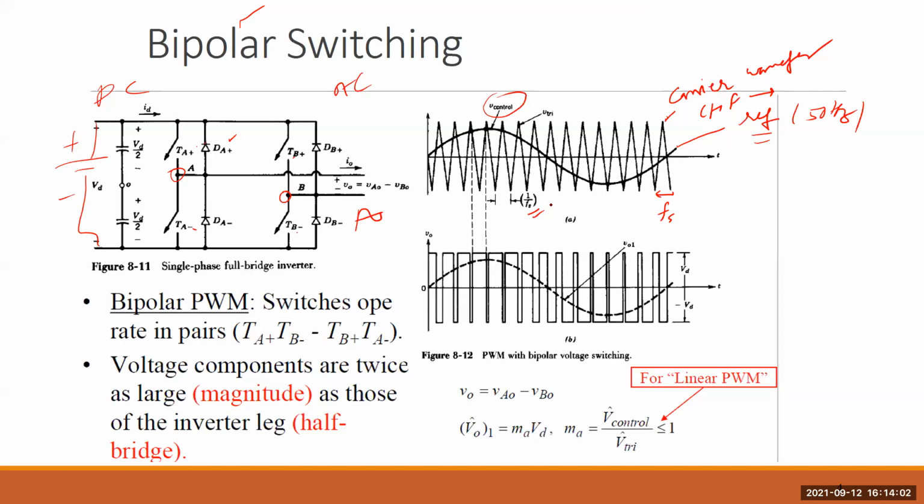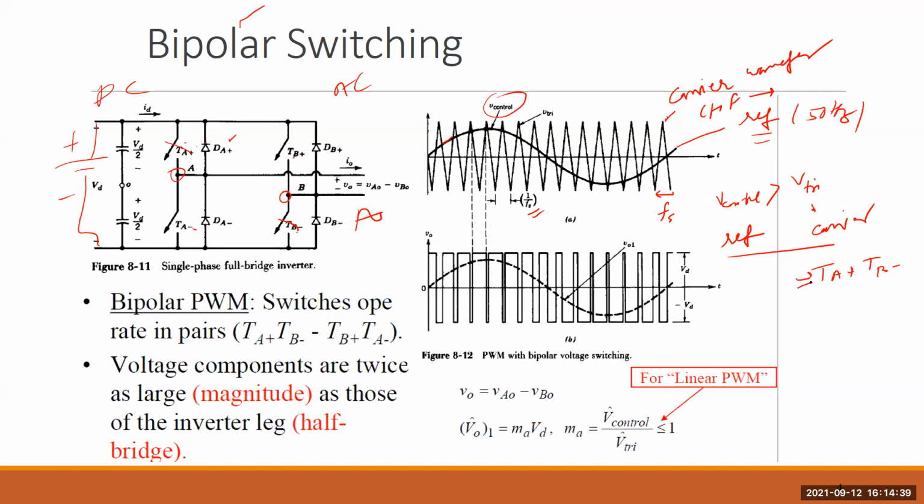Okay, so how to generate the gating signal here? You can see that whenever the reference or the control is higher than the triangle or carrier, then we basically turn on the switches TA plus and TB minus.